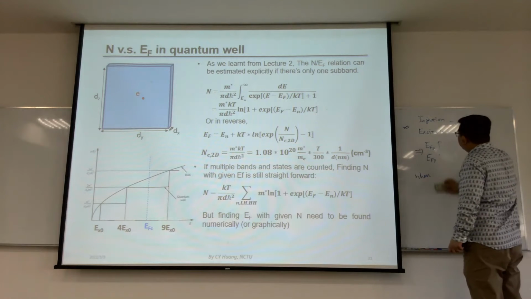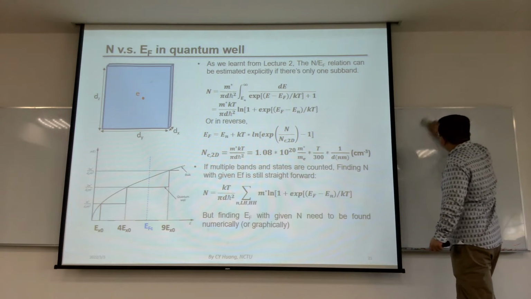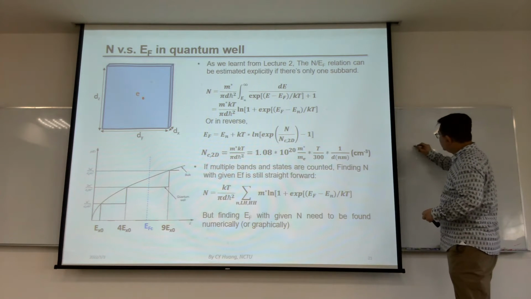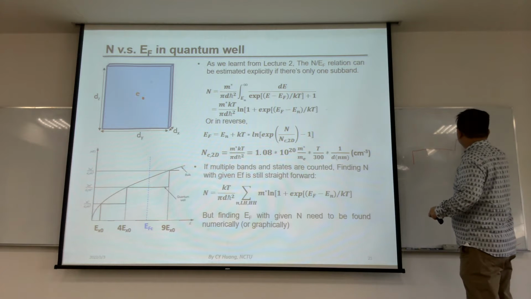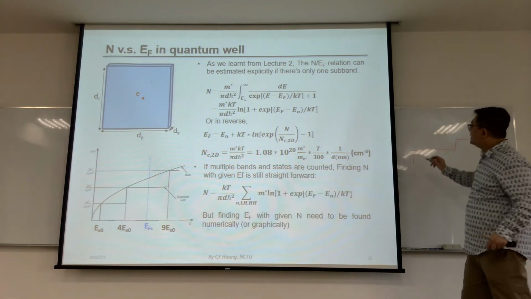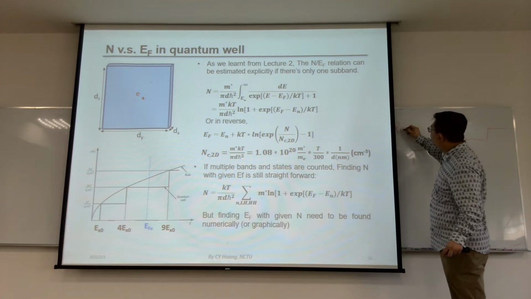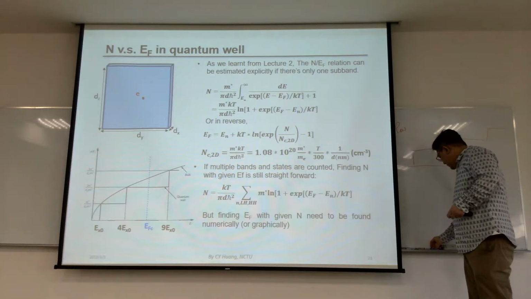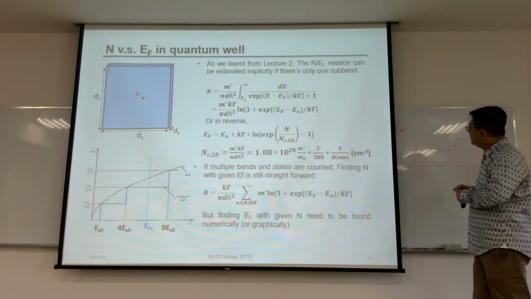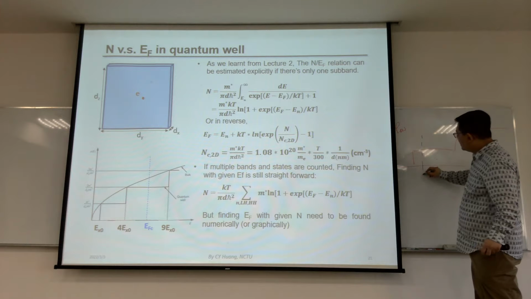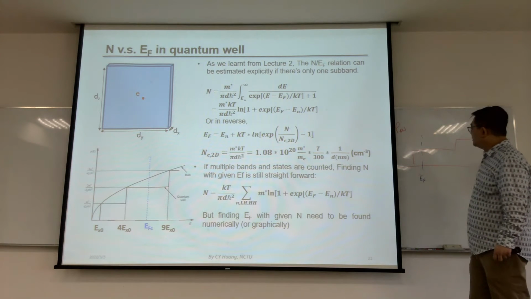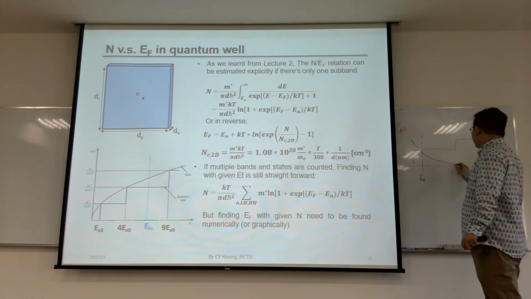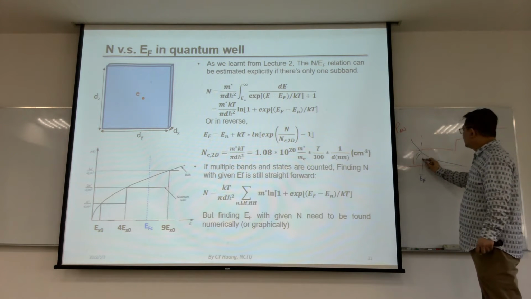So now I will just draw bigger. Okay, so this is the density of state. So if the EF is here, then you have something like this.